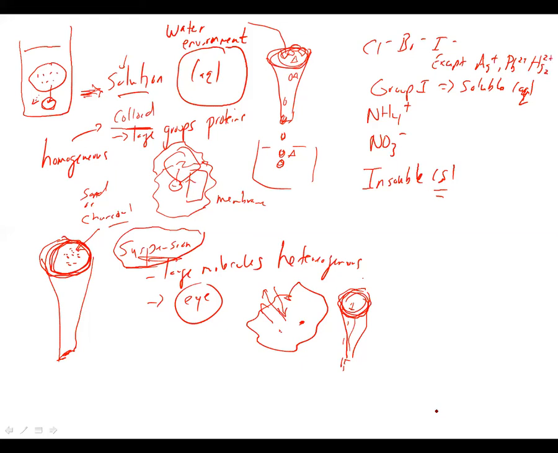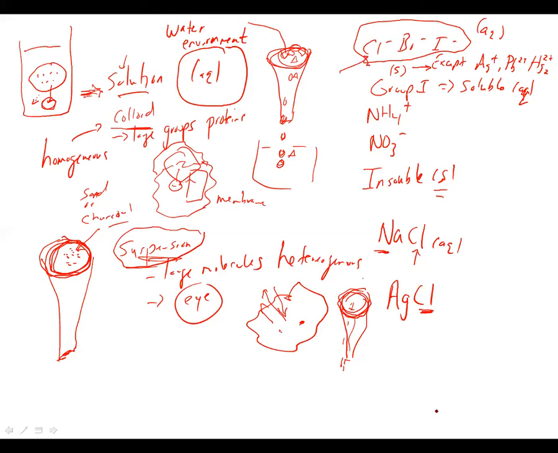So if you had any of these in a formula, you would expect it to be soluble, except if you had one of those with it. Because sodium's group 1, and chlorine makes it aqueous. So you would get a solid, and it obviously wouldn't be a solution in that case. You might want to refer to the notes, but I think in the chapter there should also be a solubility table.